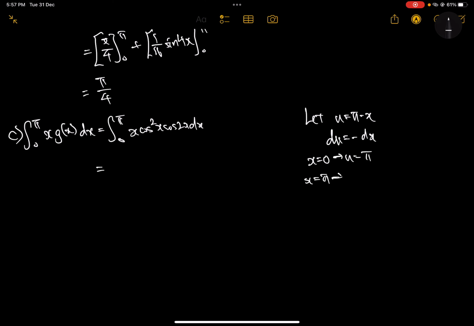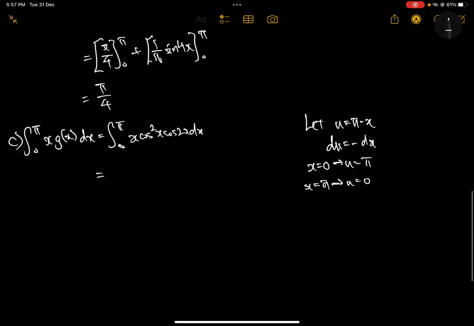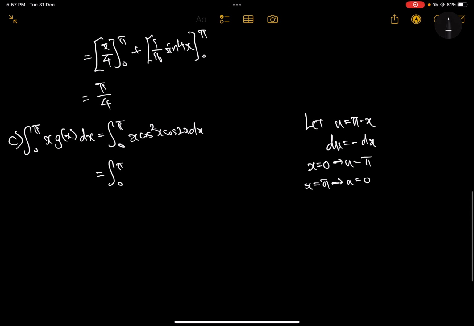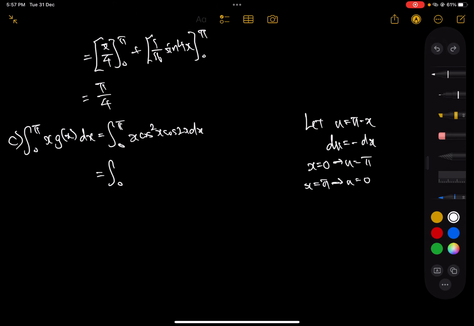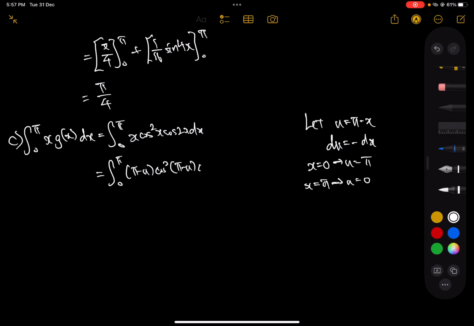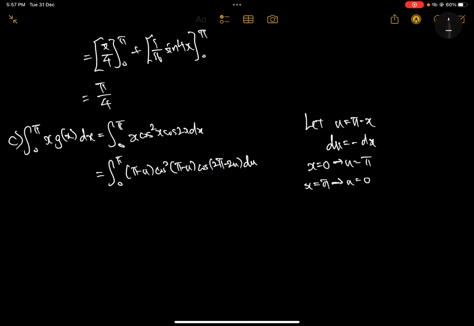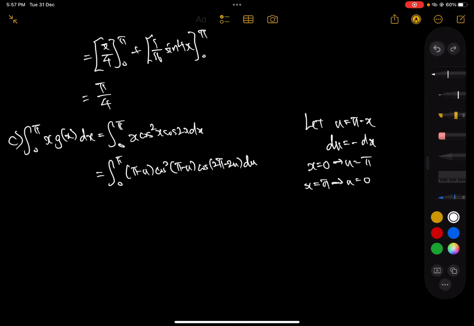x equals 0 means u equals pi. x equals pi implies u equals 0. So we have 0 to pi of pi minus u, cosine squared pi minus u, cosine 2 pi minus 2u du. And this one should be a negative, but it's over there because we flipped the integral.